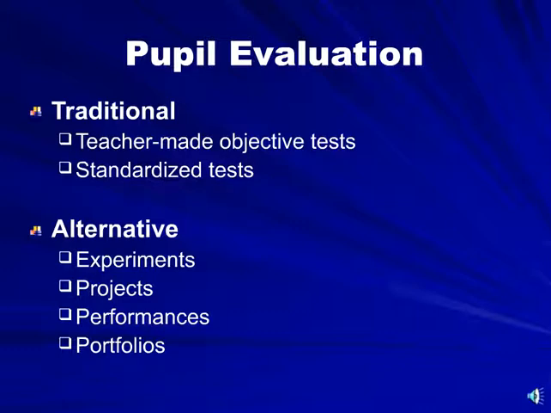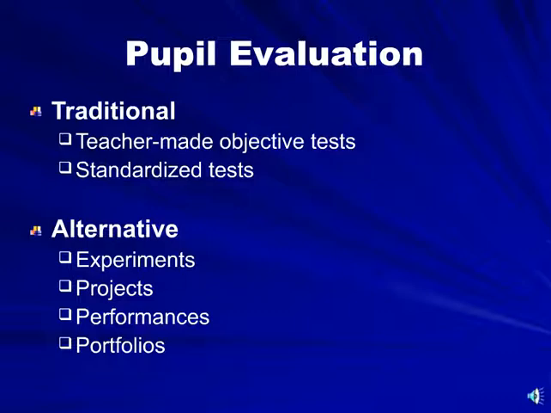But then, of course, we have alternative methods for evaluating pupils. We can look at experiments that they conduct and the records that they keep of those experiments to see if they grasp the application of the scientific process. We can evaluate a project that a student or a group of students has been engaged in, and perhaps have outside consultants evaluate the project.